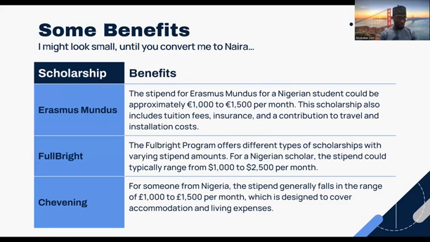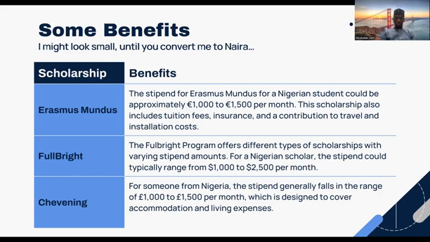We have some of the benefits people get when they get scholarships, and these are some of the most common ones. We have the Erasmus Mundus scholarship. When you are able to get this scholarship, and this is only for Nigerians, you can get a stipend of up to $1,000 or $1,500, and this is a good amount of money.